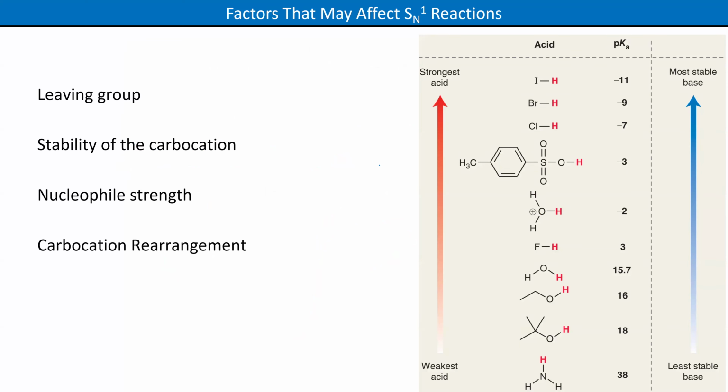So how do we know how fast an SN1 reaction is going to be? It depends on how good your leaving group is. It depends on how stable your intermediate is. How stable is the carbocation that you're going to make? Does the strength of the nucleophile really affect this?